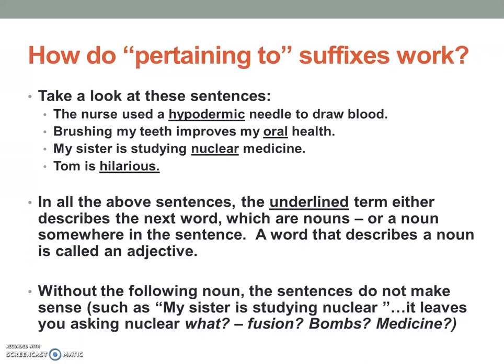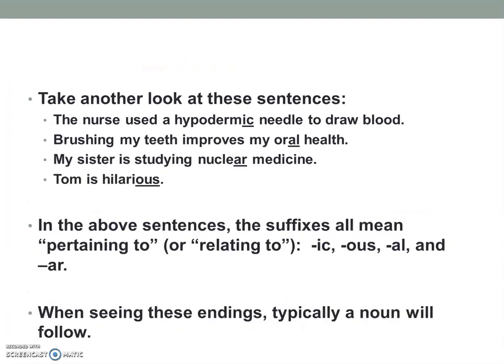Without the following noun, or without a noun, the suffixes do not make sense, such as, my sister's studying nuclear. It leaves you asking, nuclear what? Fusion? Bombs? Medicine? Let's take another look at these sentences, again paying special attention to the suffixes. The nurse used a hypodermic needle to draw blood.